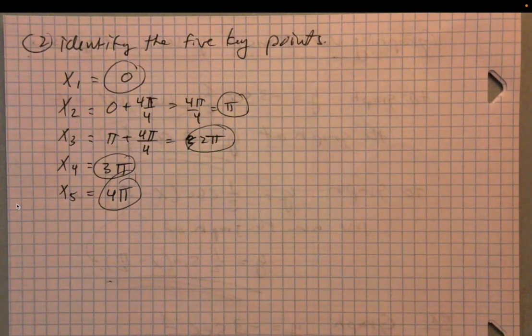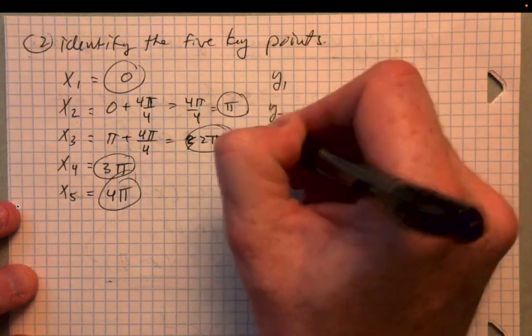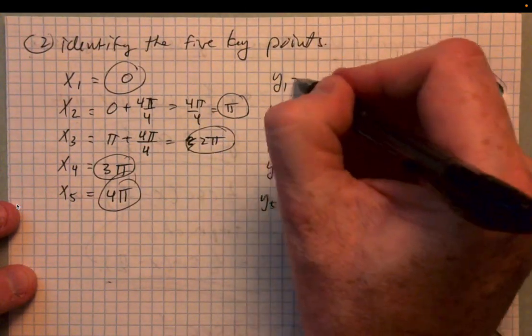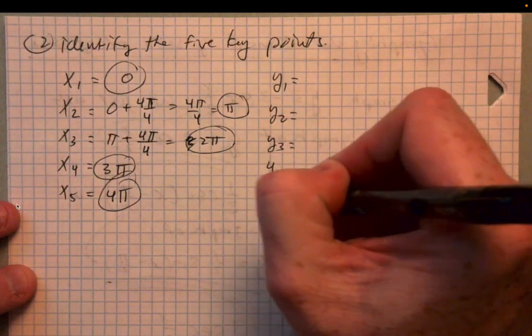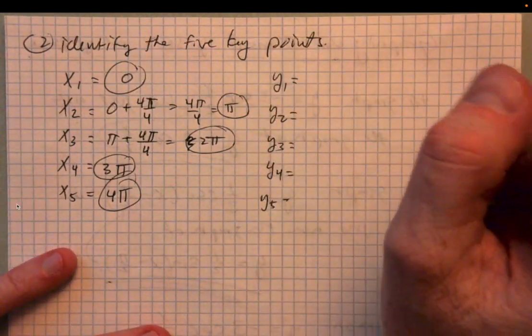All right. Okie dokie. And so now we need the corresponding y values. So y1, y2, y3, y4, and y5. I mean, these can each be found by just evaluating the function, right?